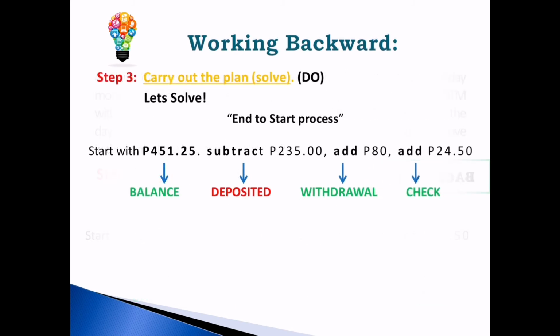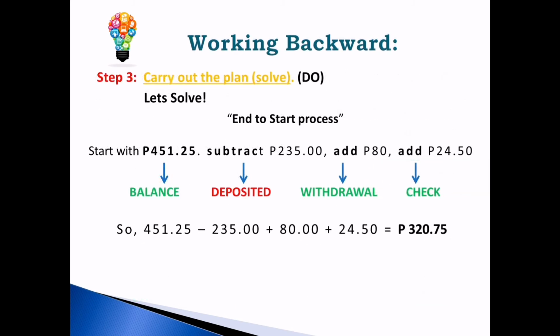Okay, so let us have now the third step, carry out the plan. The keyword is do. Simply follow the sequence: bring down 451.25, subtract means minus, add means plus, and of course, add it. If we simplify it using our calculator or our notes for the manual computation, we will arrive at 320.75 pesos.